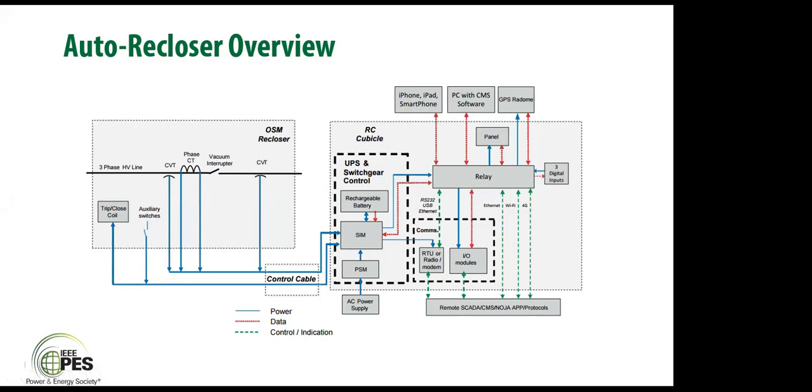This SIM, or switchgear interfacing module, is basically a bank of capacitors. It forwards the voltage and current information to the relay, and the relay is the brain of a recloser.